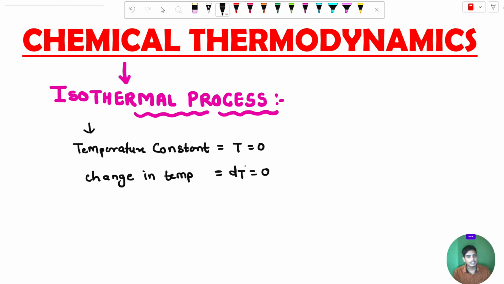Now move to the next point. If the temperature is constant, then for the ideal gas equation, how can we decide on the constant temperature? How can we relate the isothermal process with the ideal gas equation?